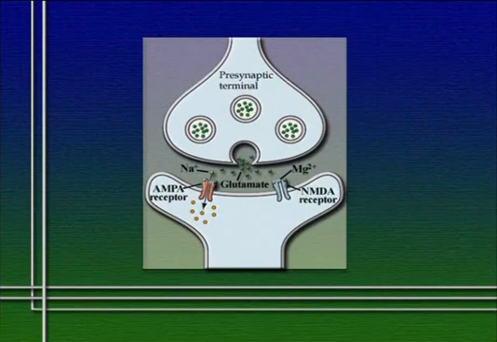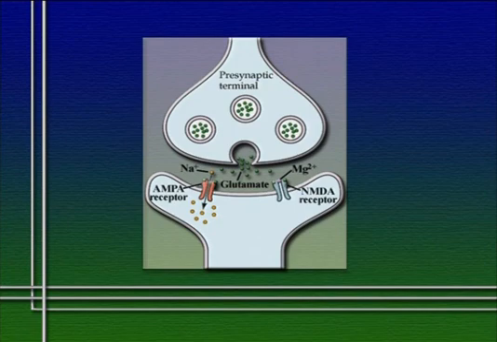stronger. Well, it turns out that synapses that show long-term potentiation have been shown to have, for glutamate, both AMPA and NMDA receptors. And the model is this. As the synapse fires, that will open the AMPA receptors. Remember, those are just responding to glutamate, allowing sodium to rush into the cell, depolarizing it, sort of like any good old excitatory synapse would.